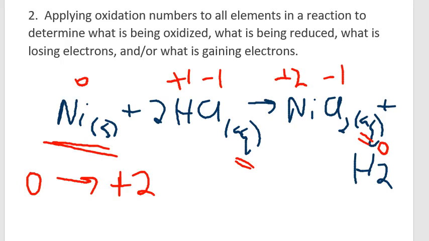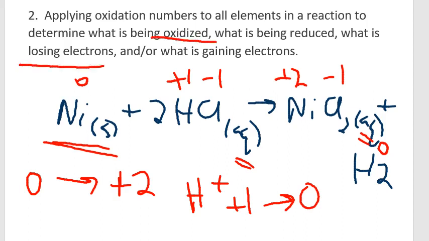At the same time, what is being reduced? That's going to be the hydrogen ions, which go from plus 1 to 0. So that is what's being reduced. Whatever's losing electrons is being oxidized, whatever's gaining is being reduced.